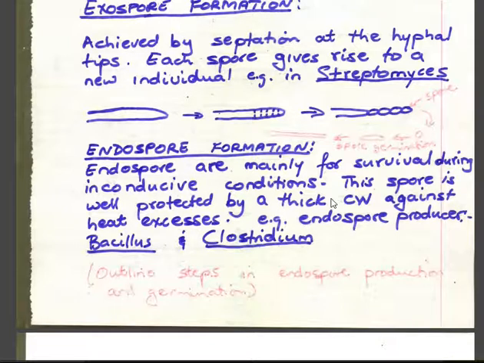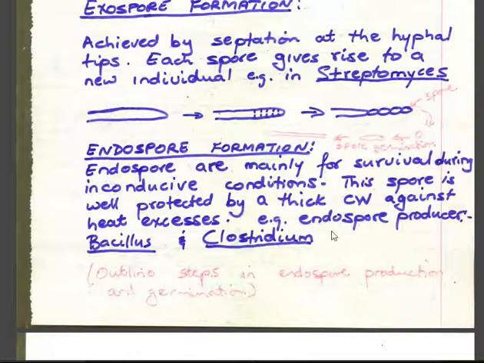If, for example, it was dry conditions, until wet conditions come back, and we hope those wet conditions will come back with food, the bacterium will then get out of the spore, germinate, and start reproducing more members of itself, but by any of the asexual processes we have outlined earlier.